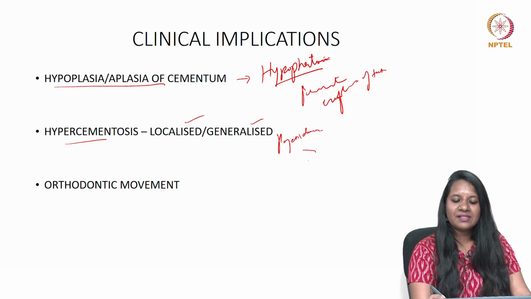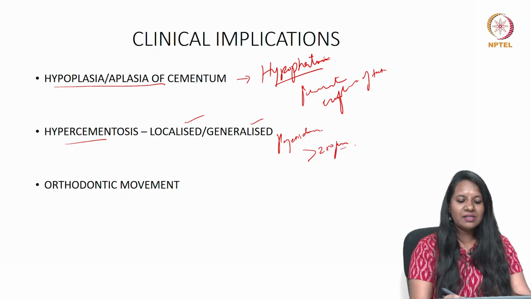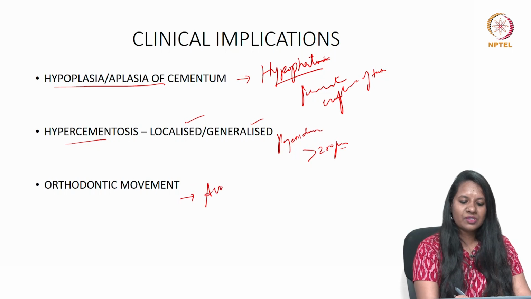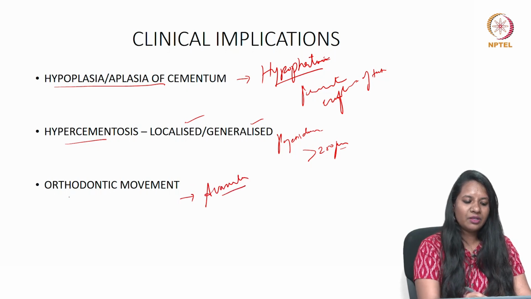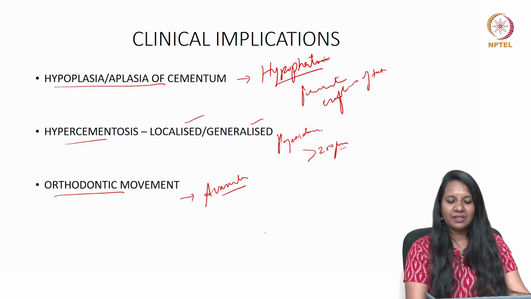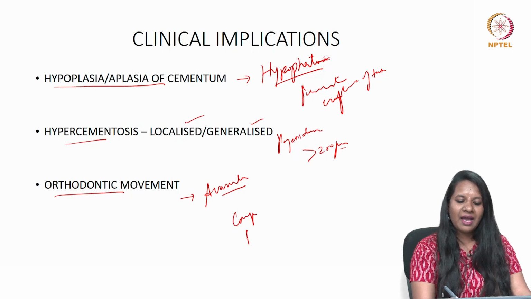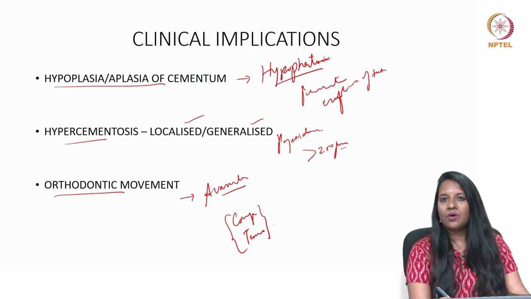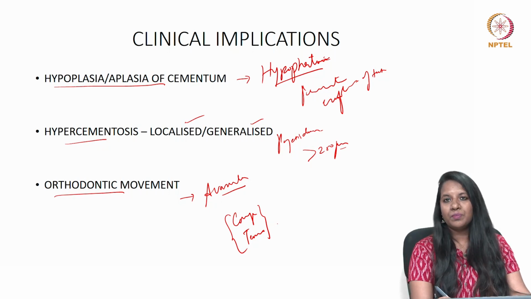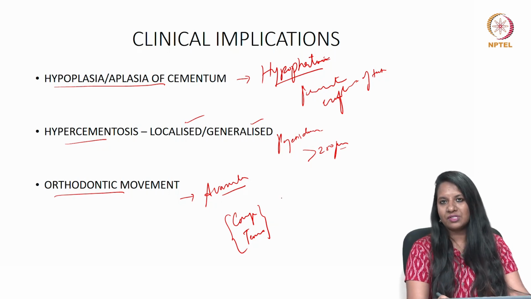So, the width of the cementum will be more than 250 micrometers, and since the cementum is avascular, orthodontic movement is possible, that is the compression and the tension which are given during the orthodontic treatment are well taken up by the cementum because it is avascular.